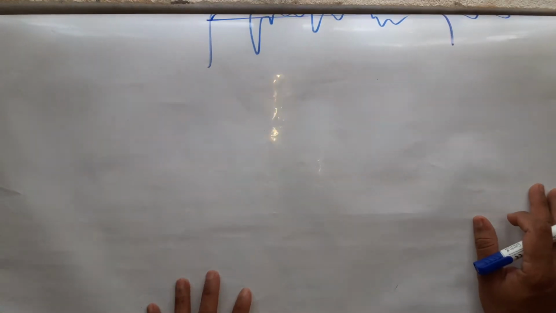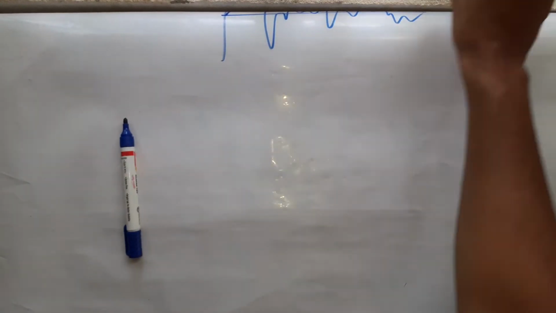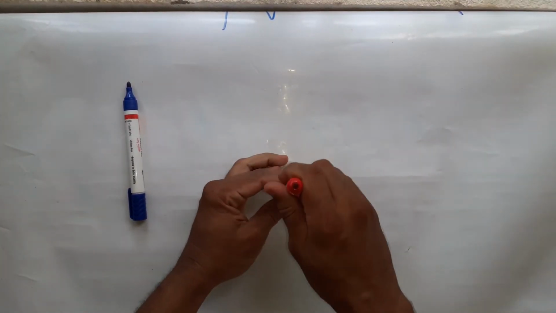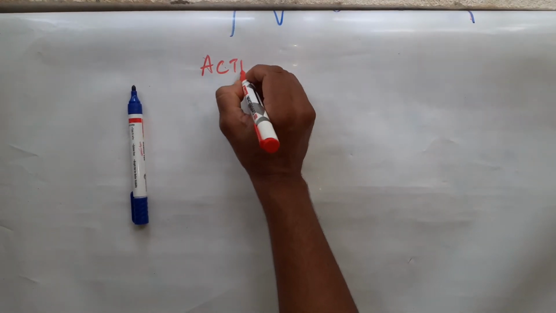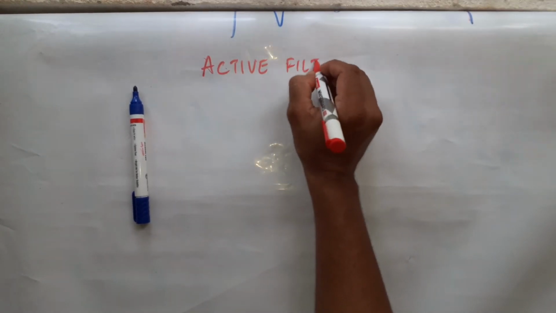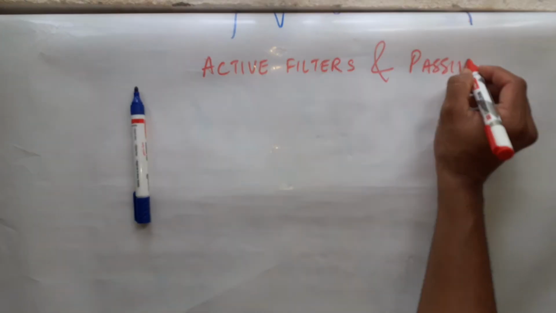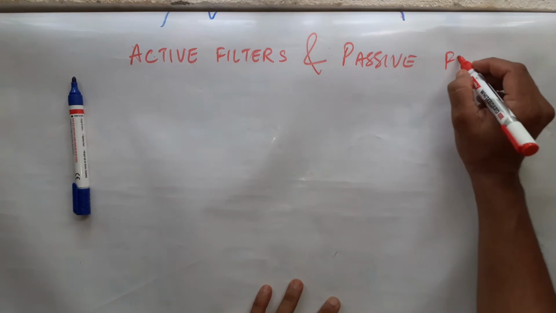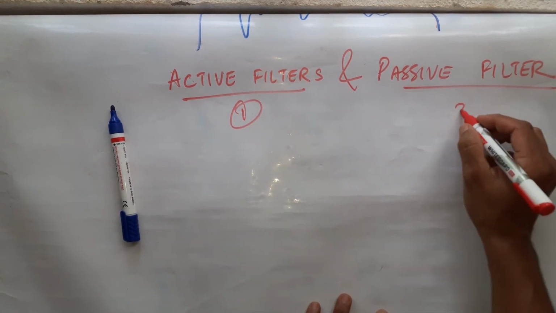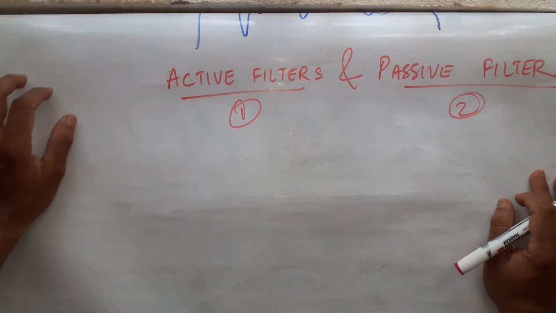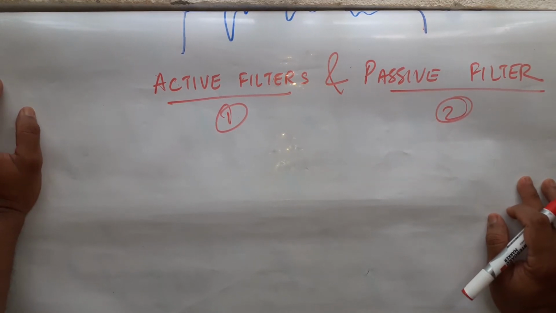Now before going into active filters, you may also get a question like: explain the difference between active and passive filters. We have active filters and passive filters. We already know which elements are active and which are passive.